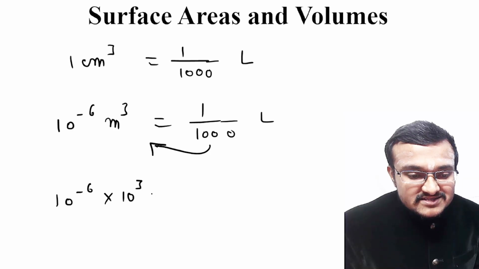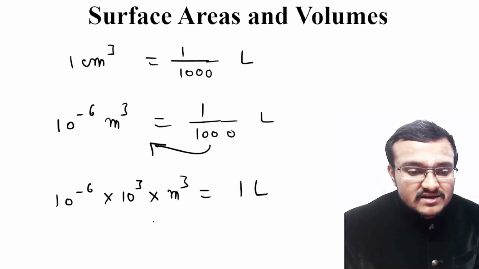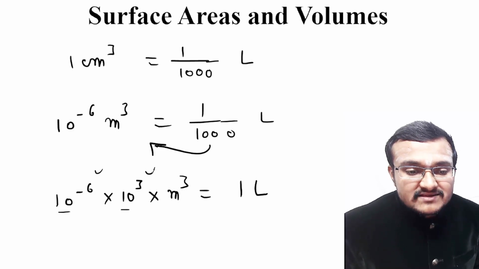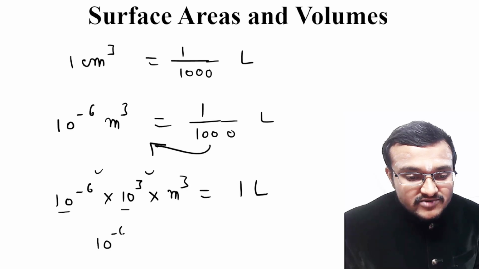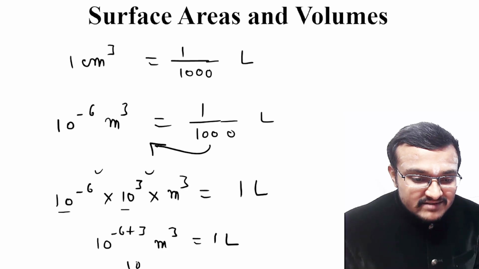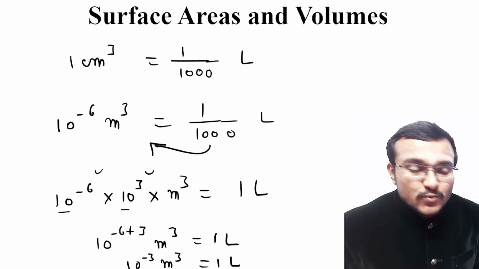I can write 1000 as 10 power 3 meter cube is equal to 1 liter. Here 10 power minus 6 and 10 power plus 3 are there. The bases are same, so you can add the powers. So 10 power minus 6 plus 3 meter cube is equal to 1 liter. That means 10 power minus 3 meter cube is equal to 1 liter.